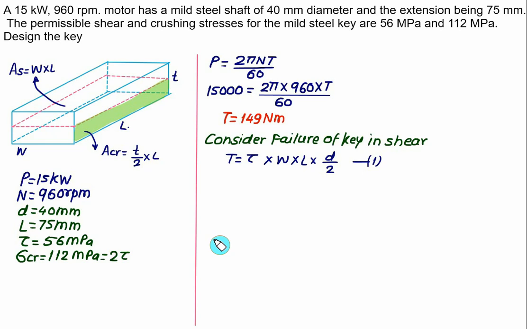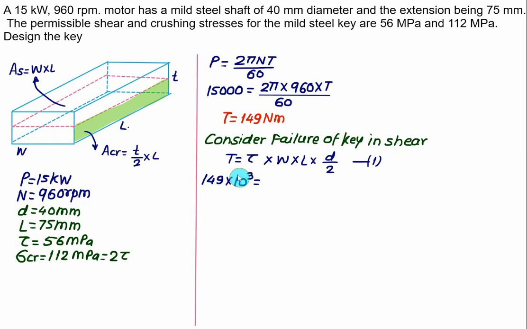Now consider here the failure of a key in shear. In that case we have torque equal to shear stress multiplied by the shear area, W into L, multiplied by D by 2, where D is the diameter of the shaft. Torque is 149, which you have to take in Newton mm, so 149 into 10 to the power 3.